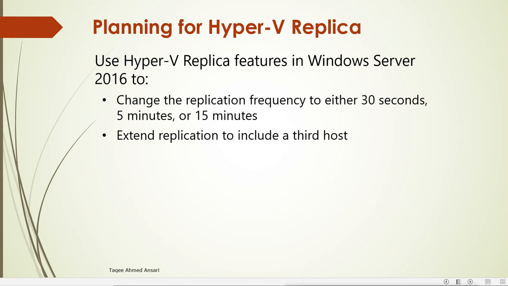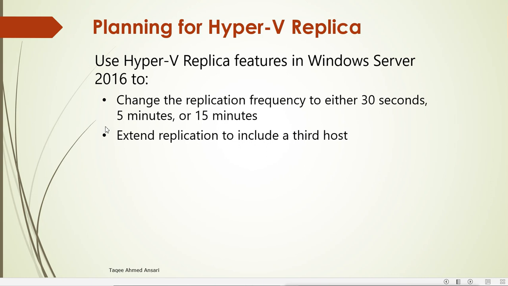So what we can do is define a time where we want to replicate the changes. We can schedule the frequency of changes, from 30 seconds to 15 minutes also. And also we can schedule the changes for some specific time.